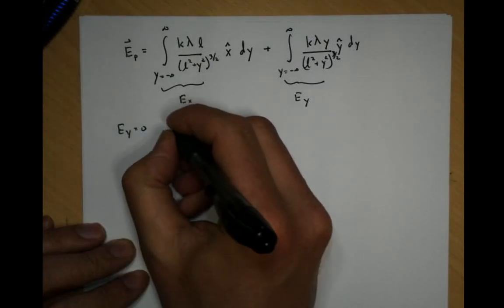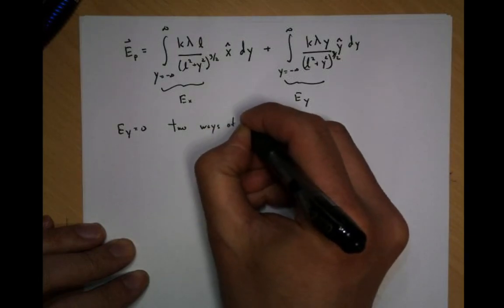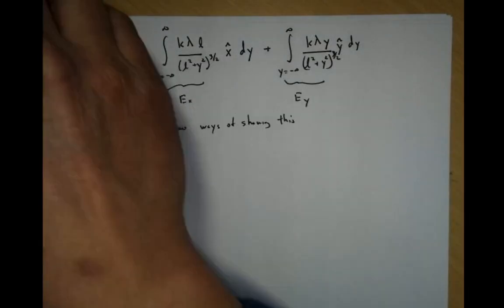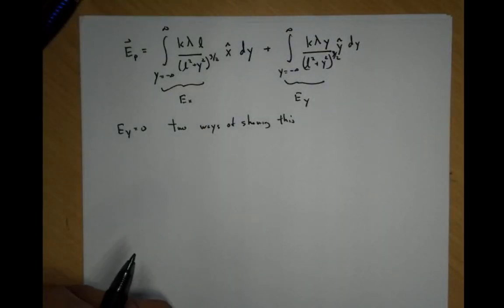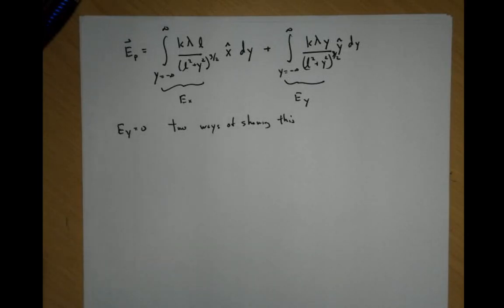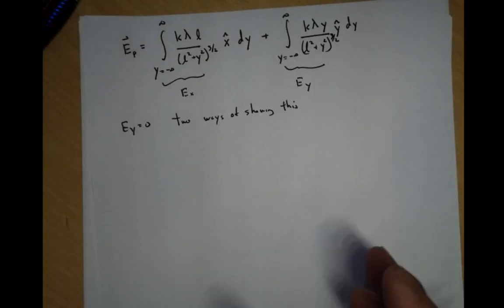And there are two ways of showing this. Now, the first way of showing this is actually an argument, the symmetry argument, basically. So let's look at the picture again.